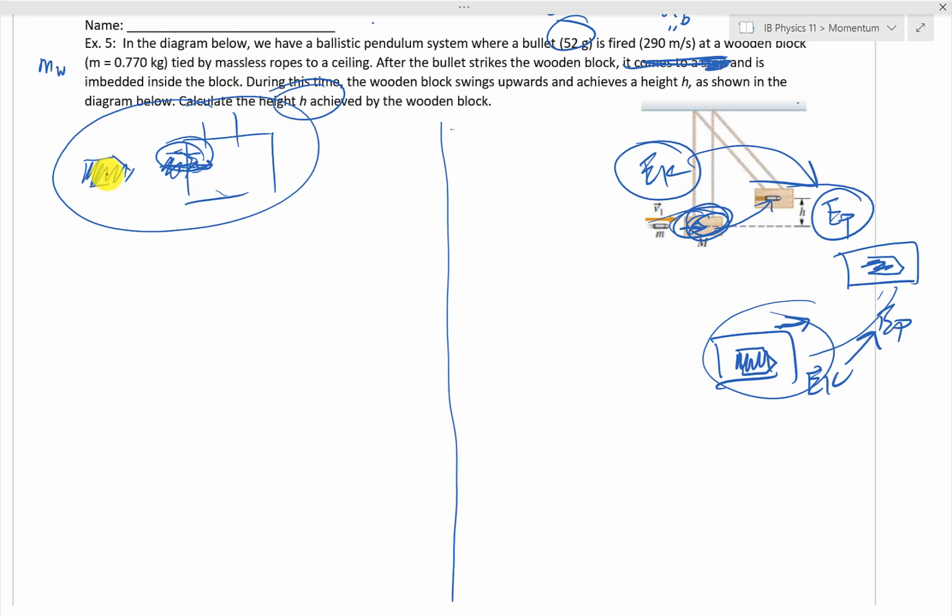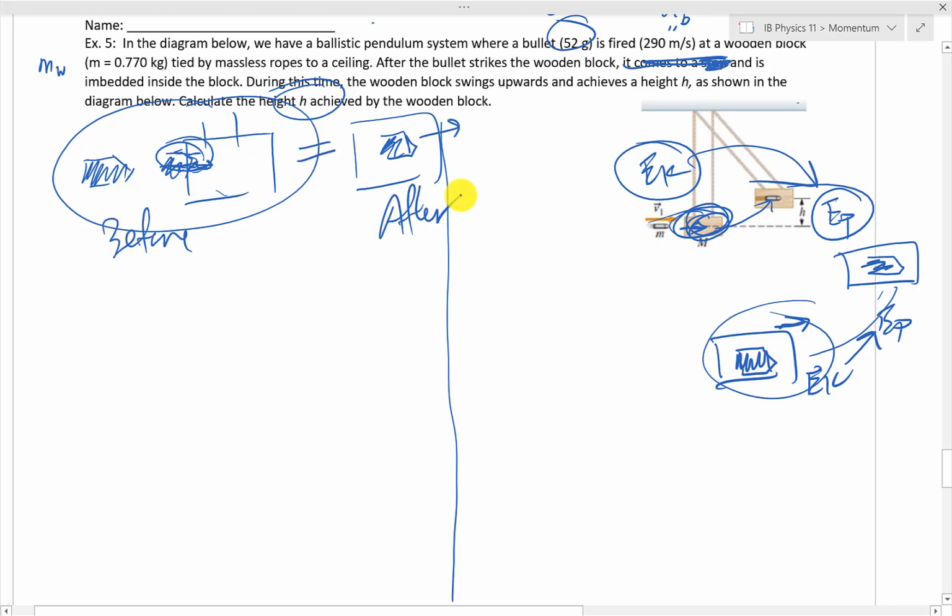The total momentum of my bullet before the collision and the total momentum of my bullet-block going off together after the collision, that's going to be the same before and after. So that's why it's easier to look at conservation of momentum. We can just ignore all those friction forces and energy that's being lost, and just look at the total momentum in our system.